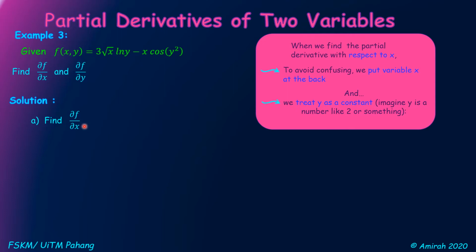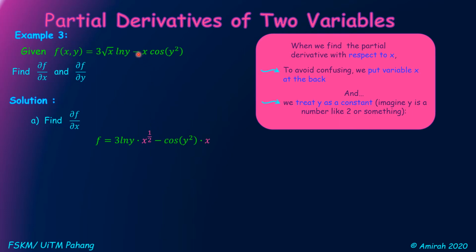Del f over del x is the partial derivative with respect to x. And when we find the partial derivative with respect to x, to avoid confusion, we put variable x at the back. Okay, so we can write f equals 3 ln y, and since we want to differentiate with respect to x, we write sec x as x to the power of half.